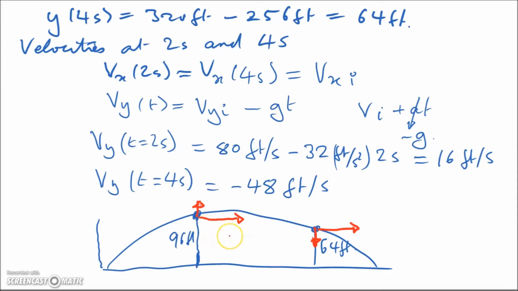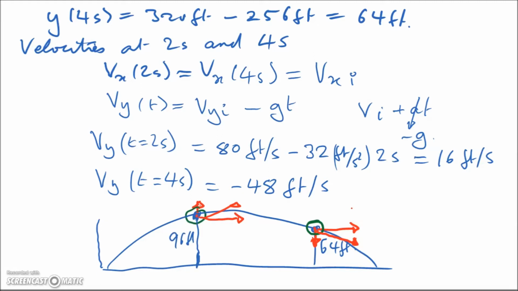So we have coordinates that tell us the x and y value of this point and the x and y value of that point, and we have vectors that tell us the x component and y component of the velocity at this point and the velocity at this point.